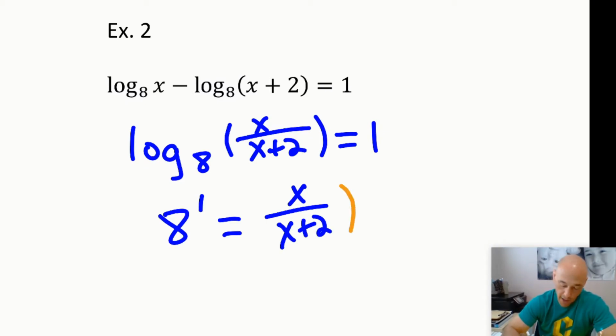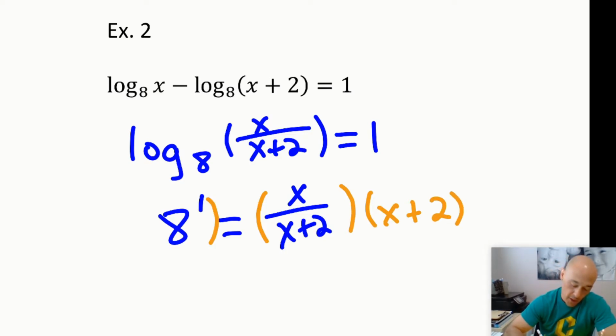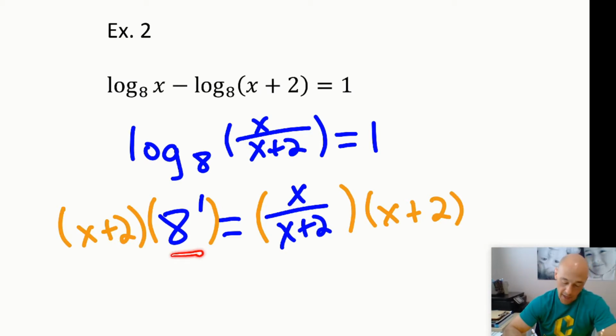To get rid of that fraction, we're going to multiply both sides times the denominator, which is the quantity x plus 2. On the left-hand side, this is just 8, so we're going to distribute and get 8x plus 16 is equal to x.